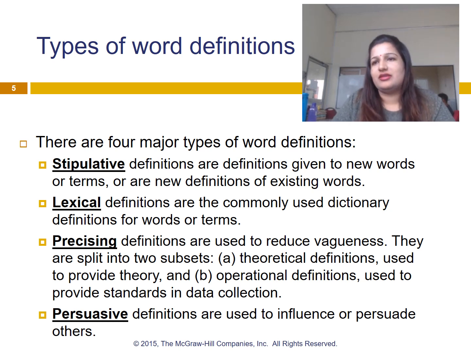So when we talk about the theoretical definitions in precising definitions, they basically are used in order to explain, define a theory. For example, the word energy. It's quite different in context. If I say I do not have the energy to work overtime, it simply means lexical, where you just say you don't have the energy, the stamina to do a work.